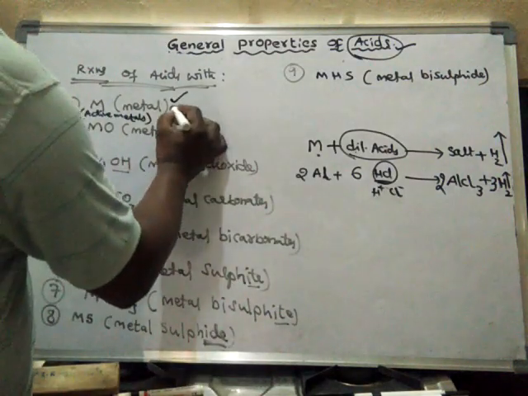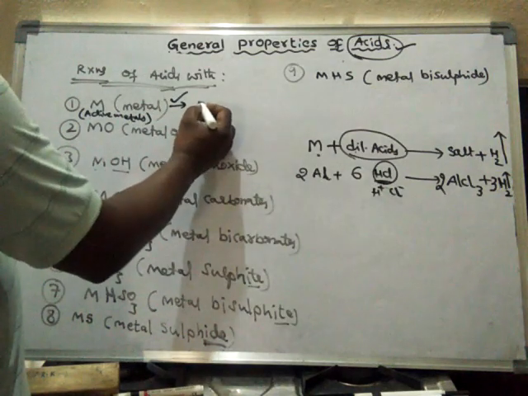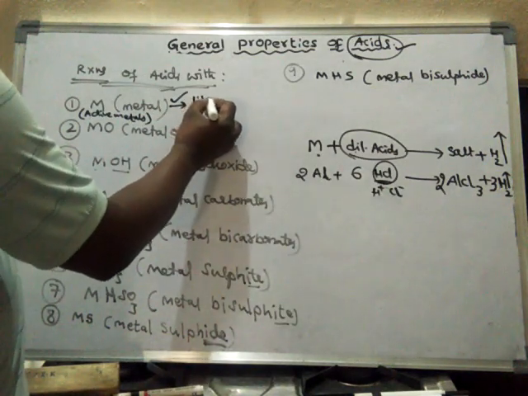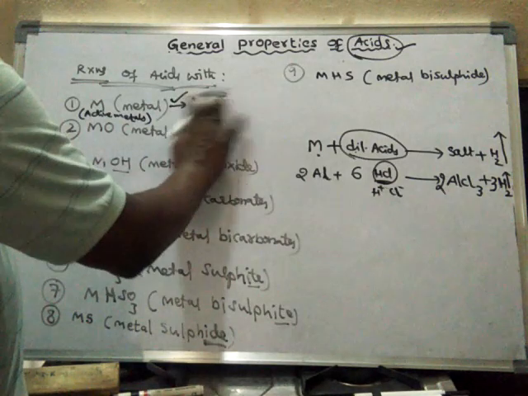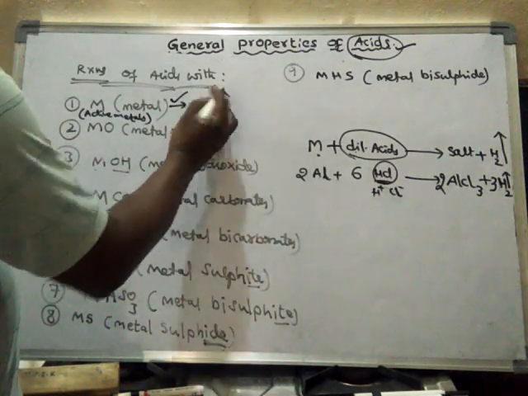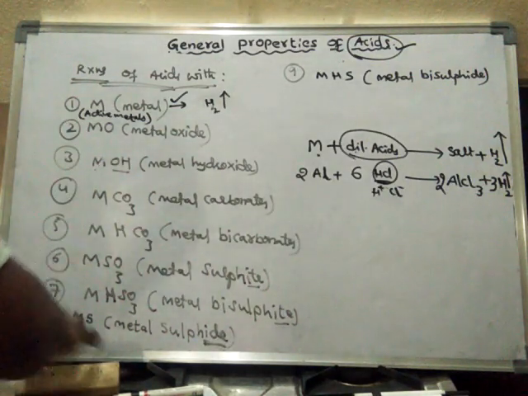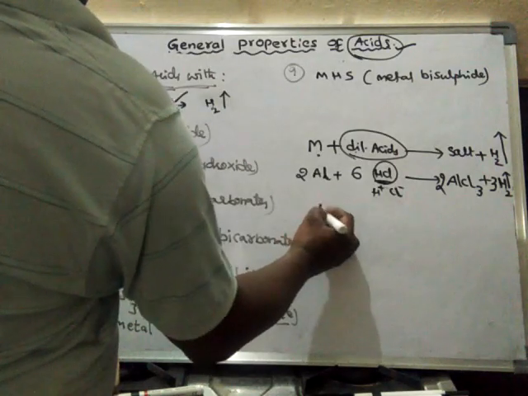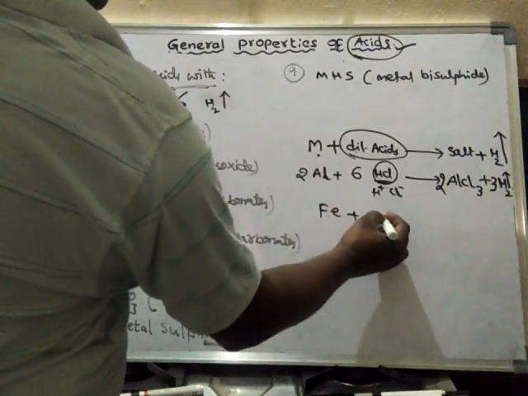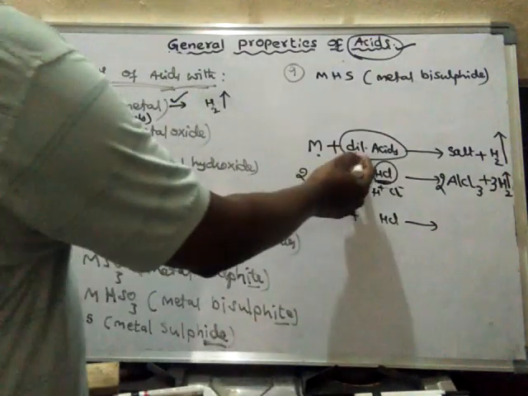So metals liberate hydrogen gas, or else hydrogen gas is produced. Like this. Suppose another example, take iron with HCl, dilute acid.